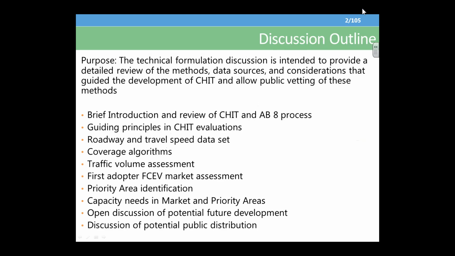The purpose of this afternoon's discussion is to provide a detailed review of the methods, the data sources, and the considerations that guided the development of this tool. We're going to discuss the motivations, how those motivations translated into the actions and the choices that we made, the assumptions that we made in the tool, and also to provide a public vetting opportunity for this tool.